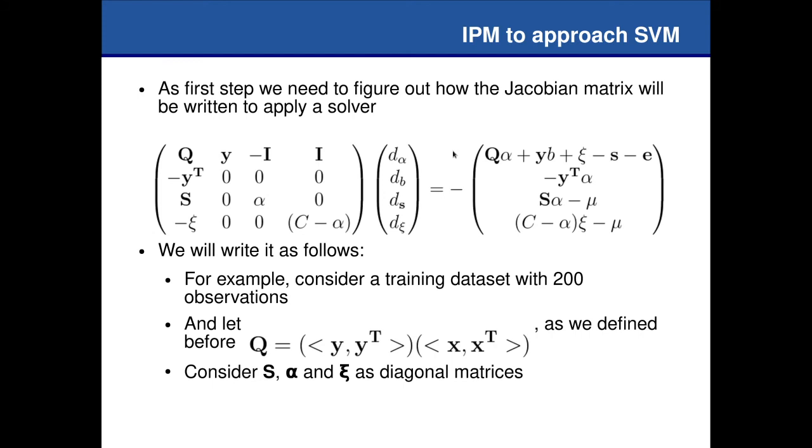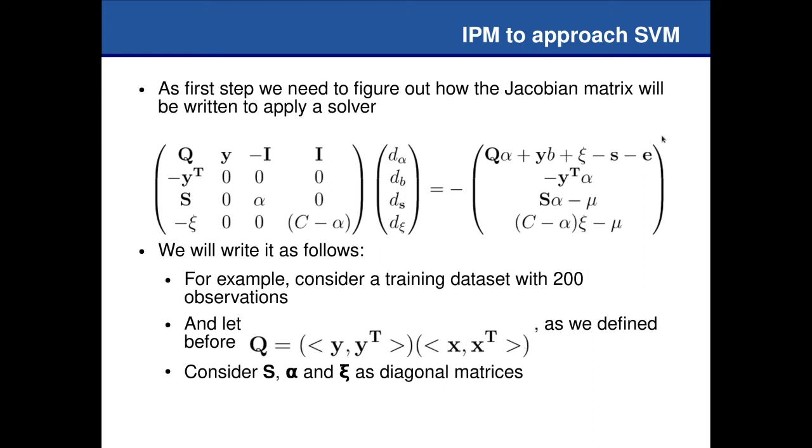So this is the problem I need to solve. Just to remember, Q is actually my vector y dot product with my vector y transposed, element-wise with my matrix X, with all the input space, dot product by my matrix transposed. We did this together. I think you guys remember.